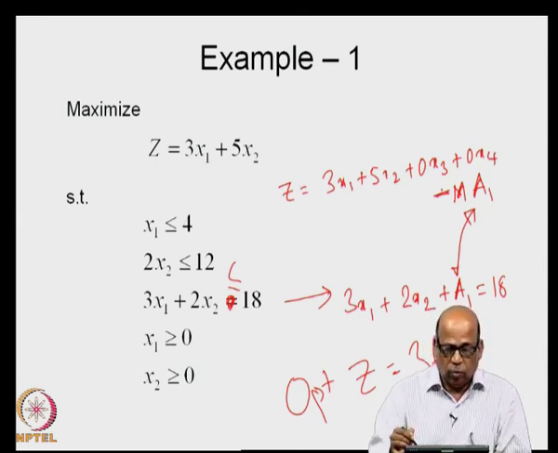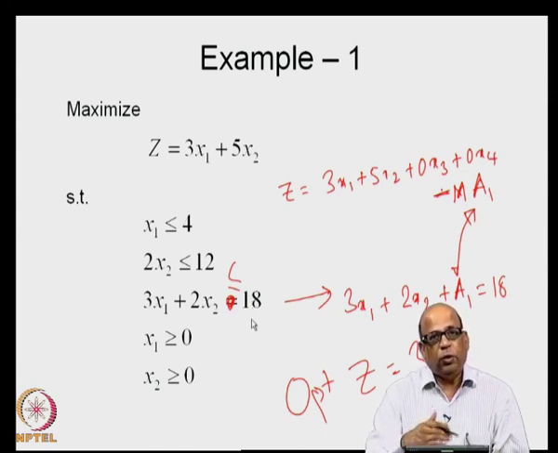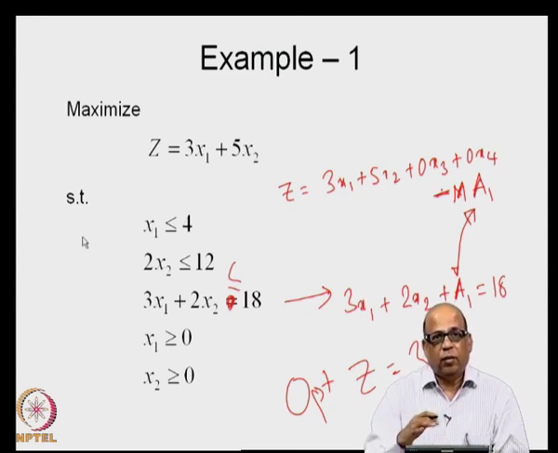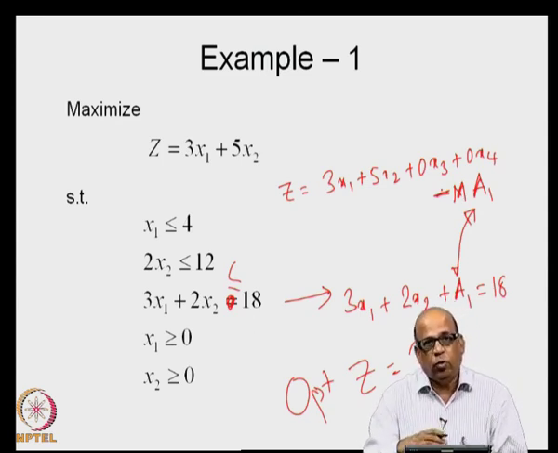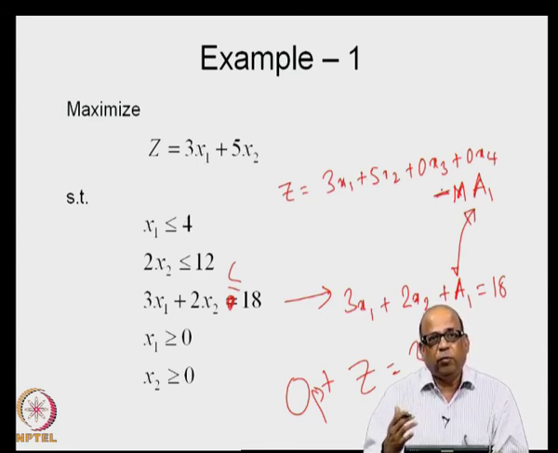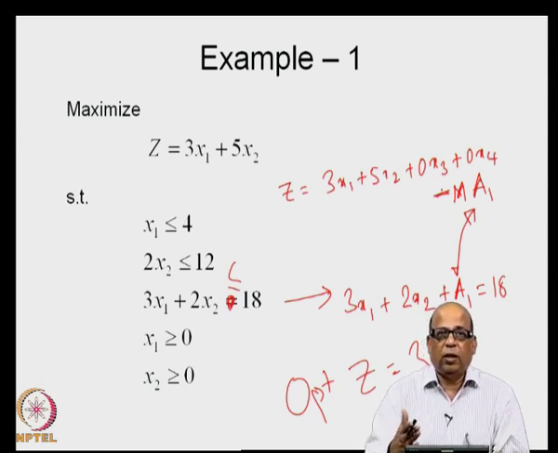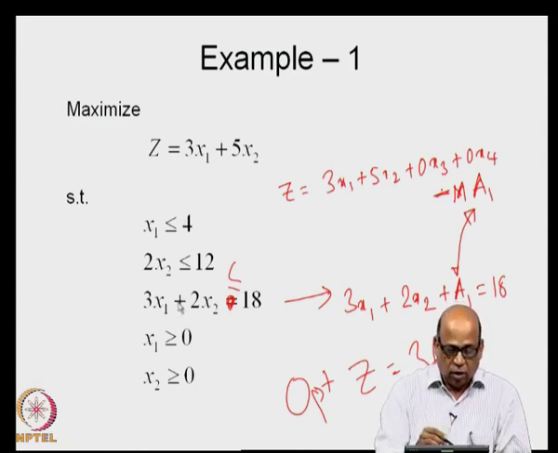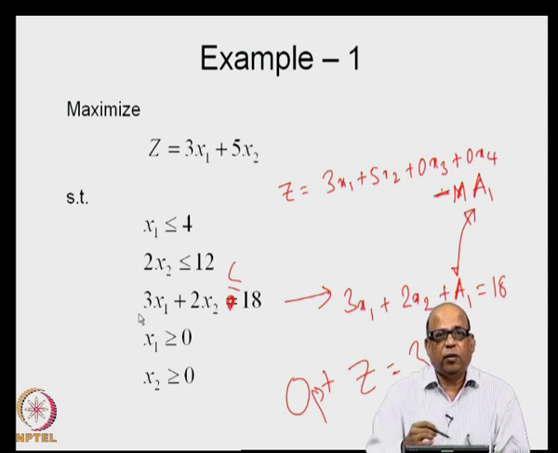You got the optimal solution, let us say that I have changed it to 16. You do not have to resolve the problem by reintroducing this constraint. From the optimal solution itself, you should be able to answer questions on sensitivity of the solution to various small changes that you make, either on the right hand side of the constraints, or on the coefficients in the objective function, or on the coefficients of the constraint set itself, and so on.